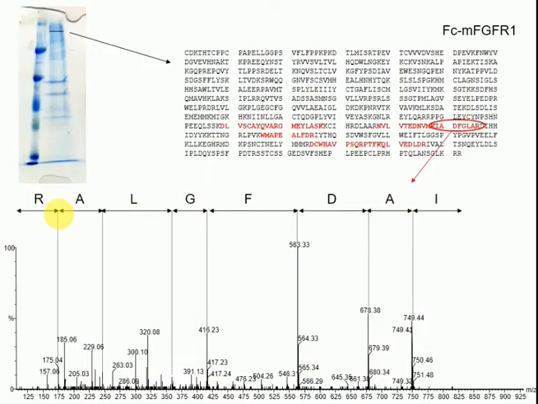Right, so this is a real example. This was a band that was cut out from a 1D gel, and then digested and subjected to what we call LCMSMS, so that's liquid chromatography tandem mass spectrometry. Now, this is the sequence of the protein that was ultimately identified, and the areas shown in red are the peptides that were seen in that analysis.